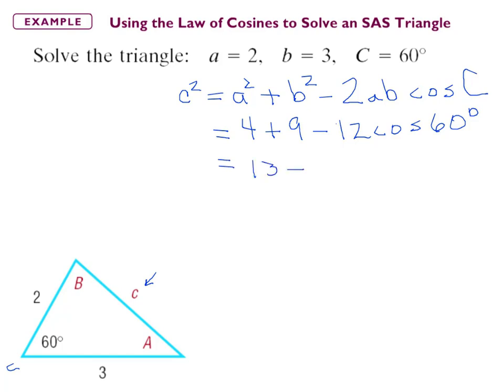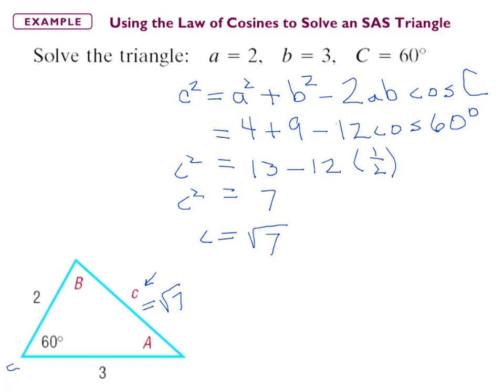So this is equal to 13 minus 12 times, what's the cosine of 60? One half, good. So this is C squared. So this is equal to 13 minus 6, or 7. So C is equal to the square root of 7.